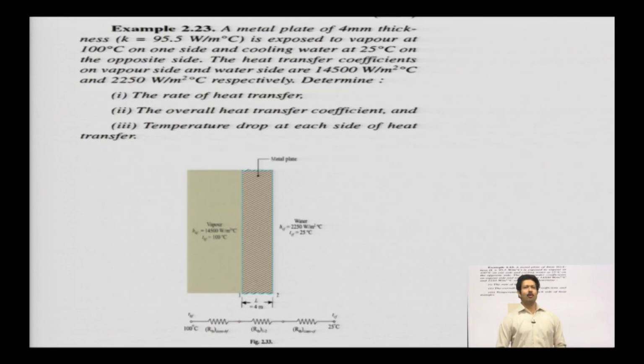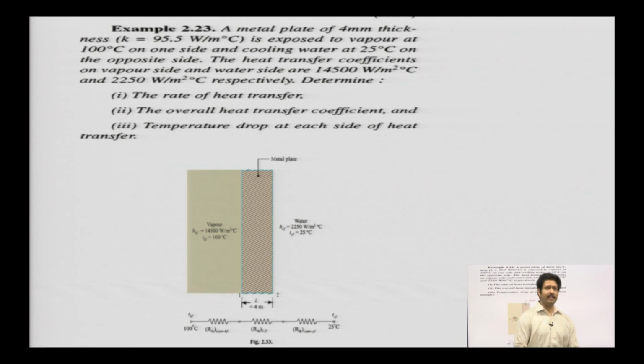The first numerical, once again with the composite wall. A metal plate of 4 mm thickness, K equals 95.5 watts per meter degree Celsius, is exposed to vapor at 100 degrees Celsius on one side and cooling water at 25 degrees Celsius on the opposite side.